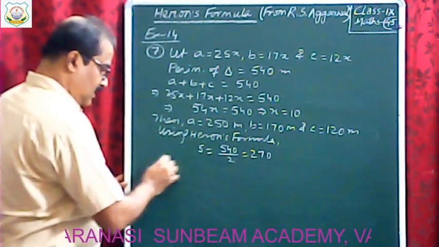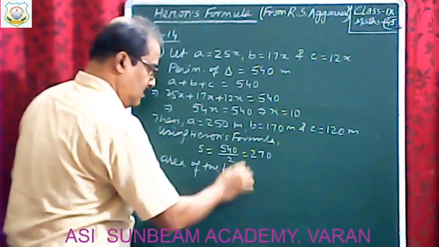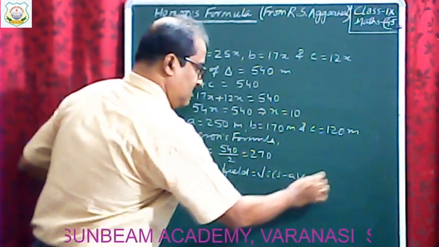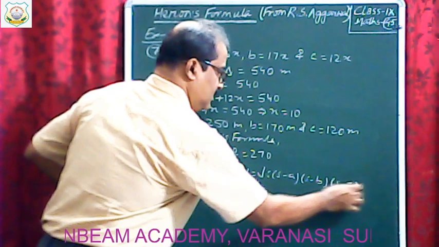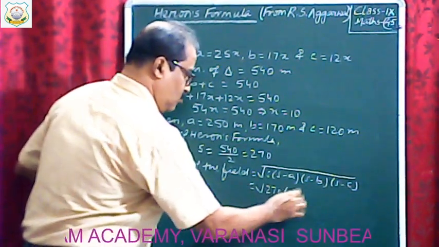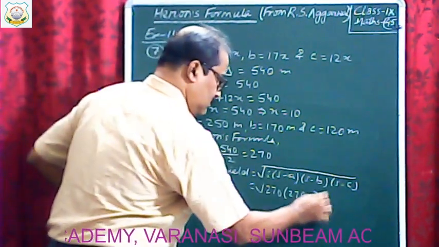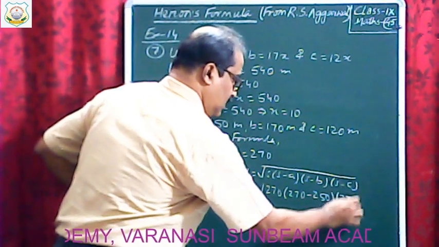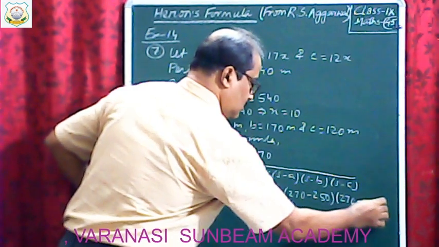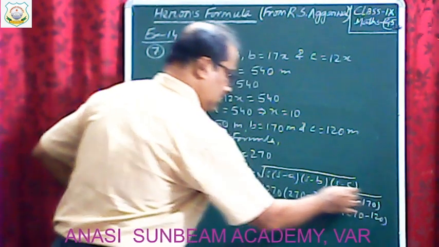And thereafter, area of the field equal to square root S, S minus A, S minus B, S minus C. Now put the values. 270 minus 250. 270 minus 170. 270 minus 120.